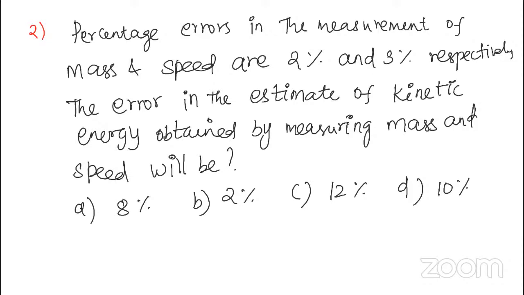Okay. So here also we are calculating the percentage errors. So first we have to write the formula. First the given values, then substitute in the formula and calculate the answer. So the formula is delta x divided by x into 100. Okay. So let us now write the given values.